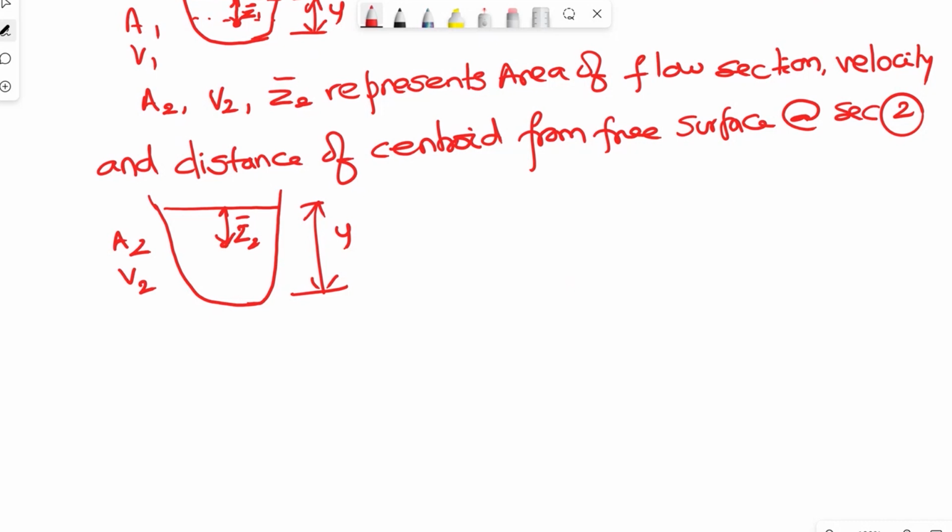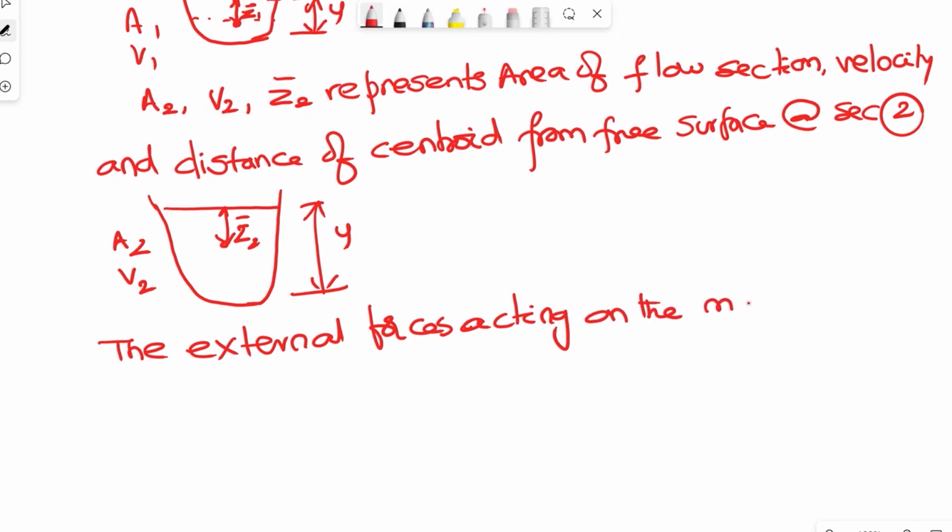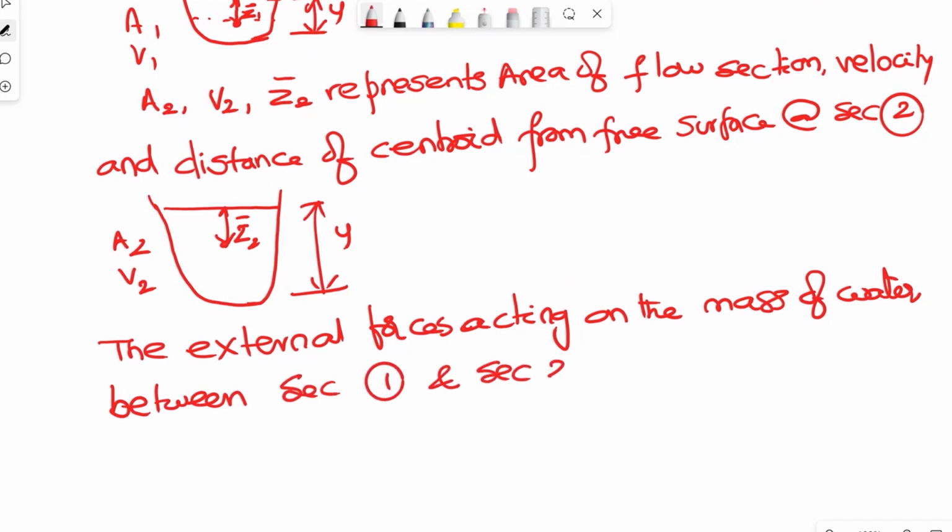So now for deriving the equations, the external forces acting on the mass of water between section 1 and section 2 are hydrostatic force, frictional force, and the weight component.